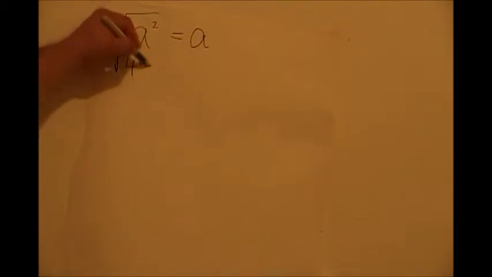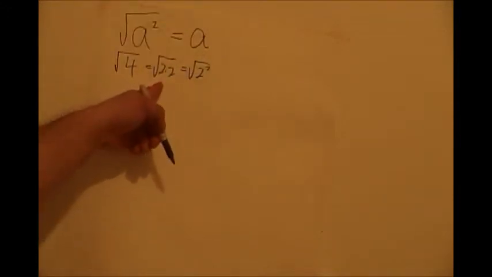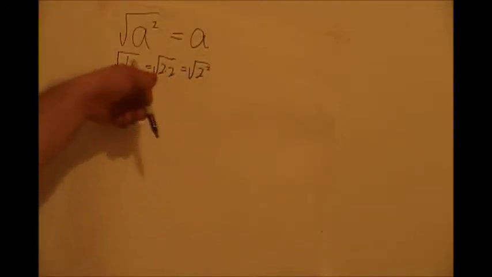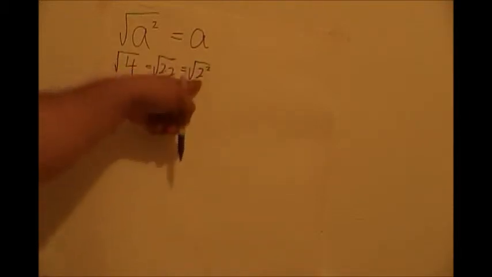That's equal to 2 times 2. However, we can rewrite 2 times 2 as 2 squared. For now I'm writing it like this, but eventually hopefully you can just realize that 4 is 2 squared.